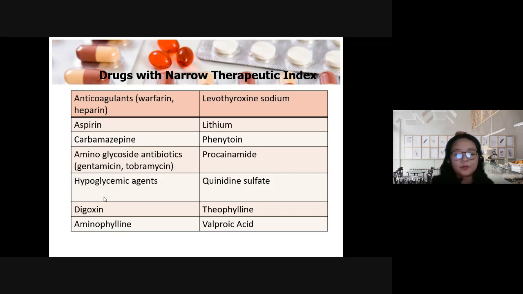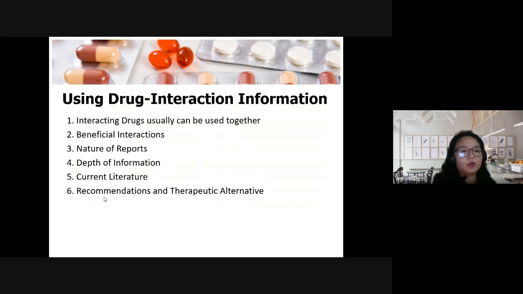And then next is using drug interaction information. Okay, so interacting drugs can still be usually used together. As I have mentioned, 'di ba? There are some drug interactions class that can still be used together even if there is an interaction. So ibig sabihin, hindi naman ibig sabihin na meron drug interaction, ay hindi na po pwede.